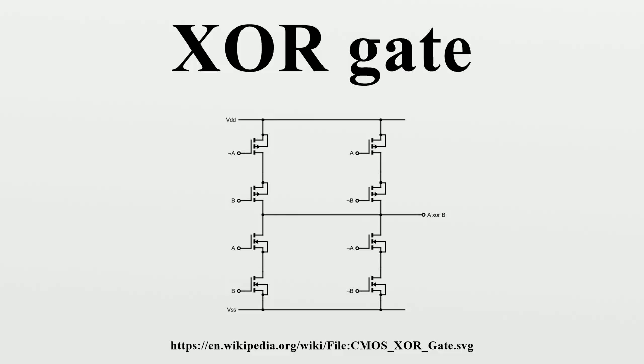It is most common to regard subsequent inputs as being applied through a cascade of binary exclusive OR operations. The first 2 signals are fed into an XOR gate, then the output of that gate is fed into a second XOR gate together with the third signal, and so on for any remaining signals.